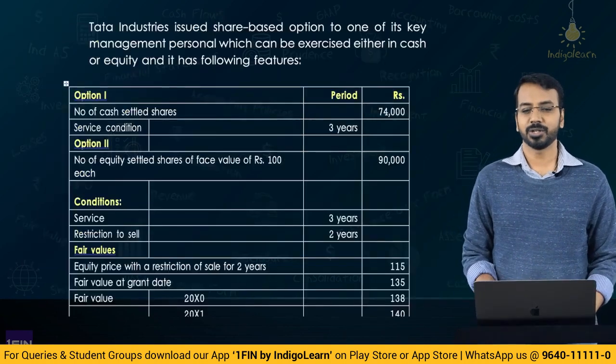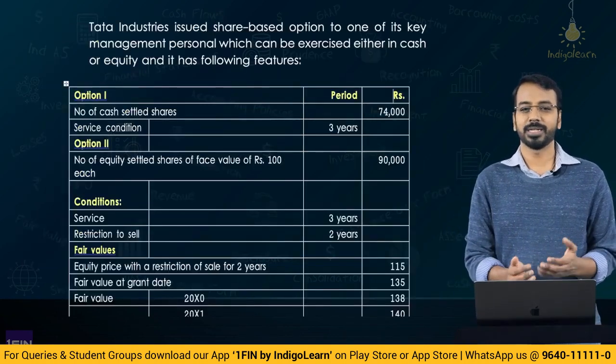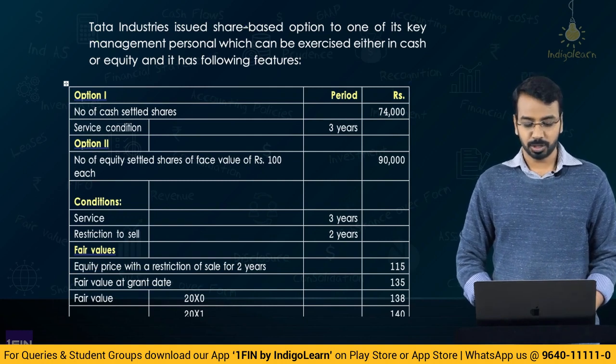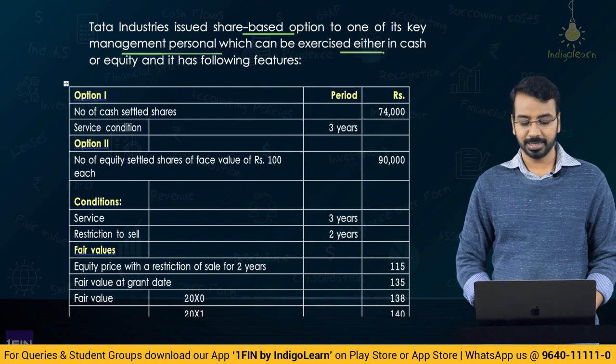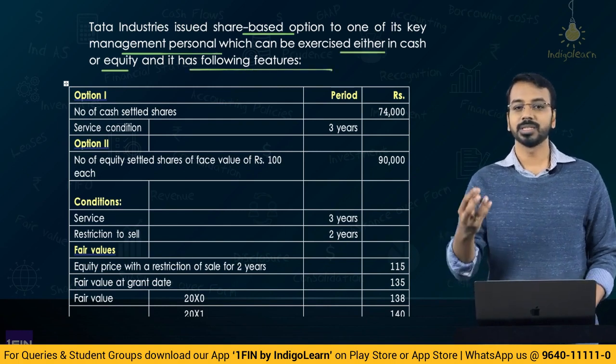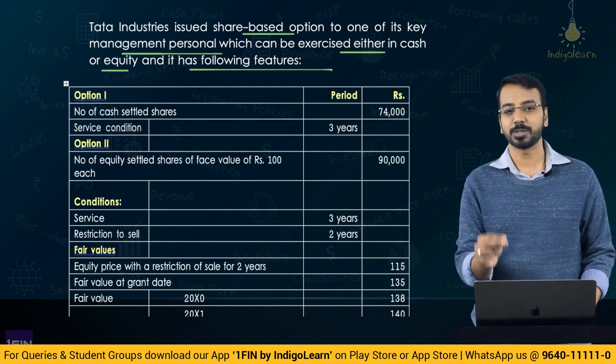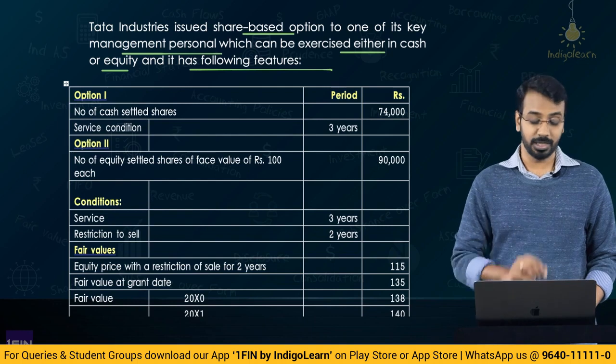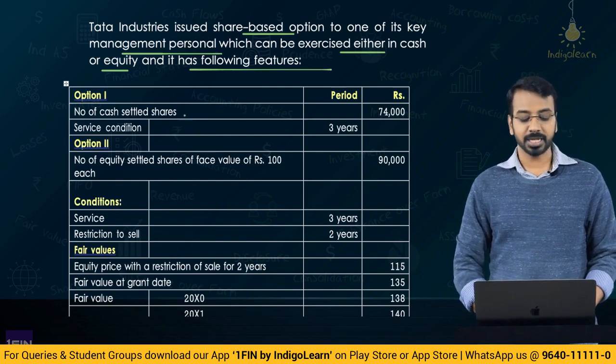Let's have a look at another question, and this question is similar to the one that we have just now solved. Tata Industries issued share-based option to one of its key management personnel which can be exercised either in cash or equity, and it has following features. So the company is entering into a share-based payment arrangement and it can be either settled in cash or in equity. What is the first option? Cash settled shares.